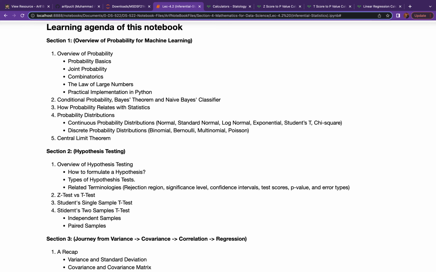My dear students, it is a long agenda, and I have divided it into three sections. The first section deals with the important basic probability concepts required for machine learning. The second section deals with hypothesis testing and different types of tests, parametric as well as non-parametric.